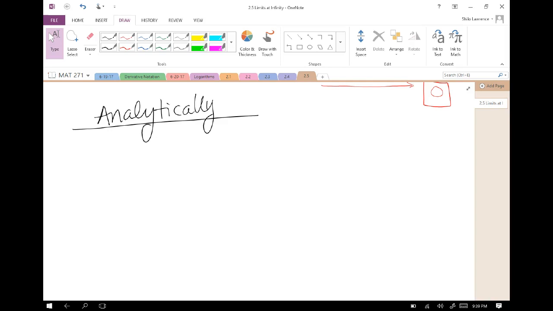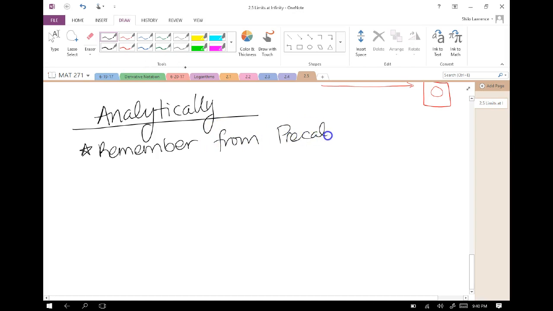And if we know what the horizontal asymptote is going to be, we know what the limit's going to be. So we can remember from pre-calculus algebra, now this works for rational functions.